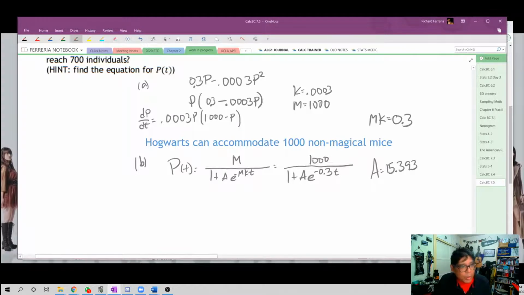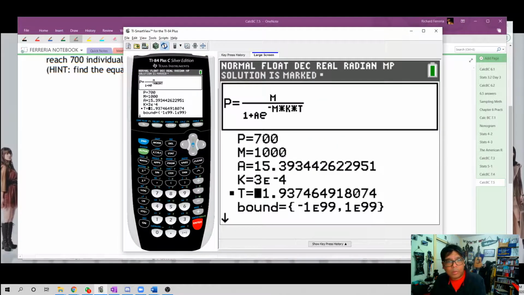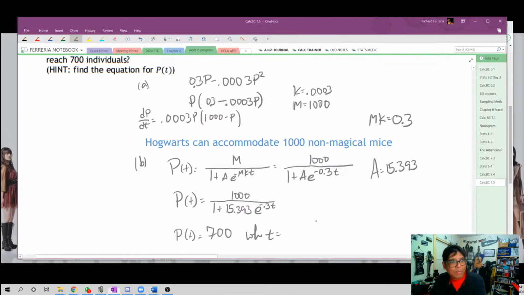Back over here on the paper, we should probably write down the population equation fully expressed. So that is 1000 over 1 plus 15.393 e to the negative 0.03. Can you believe I made the same mistake twice? 0.3 t, and the population equals 700 when t equals, what was that number, 11.937?